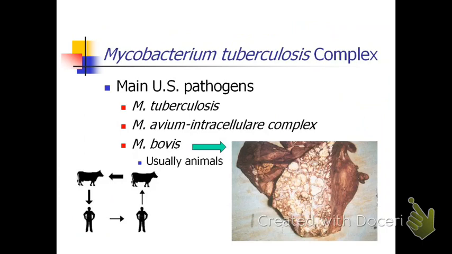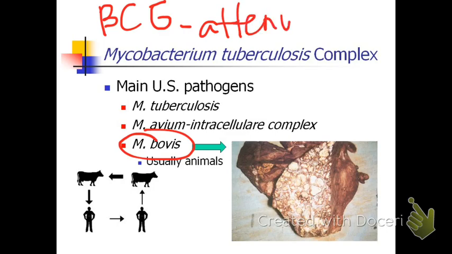Interestingly, the attenuated form of Mycobacterium bovis is the source of the BCG, the Bacillus Calmette-Guerin. This one is actually a vaccine being given to neonates.